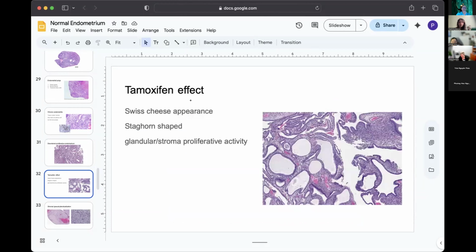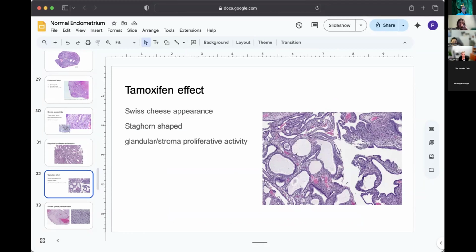Another thing that we'll see, especially here, is that a lot of breast cancer patients are on tamoxifen, and it looks like an endometrial polyp because it has these dilated glands, but it has that Swiss cheese appearance, which we think of as these large punched out holes.